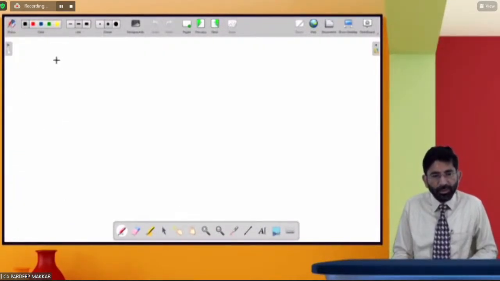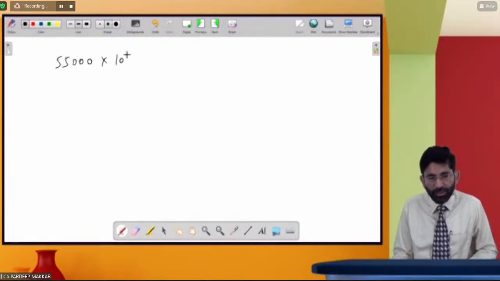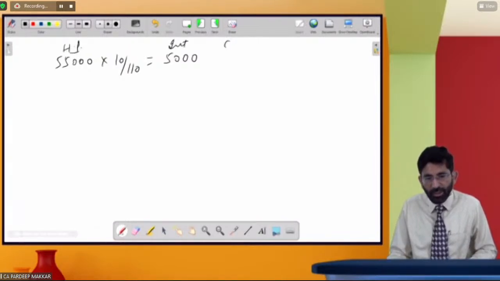It is 55,000. He has calculated interest on it. It is 10 by 110. It is 5,000. This is HP price of installment, and then this is interest. Then he has calculated CP price of installment. It is 50,000. 55 minus 5.